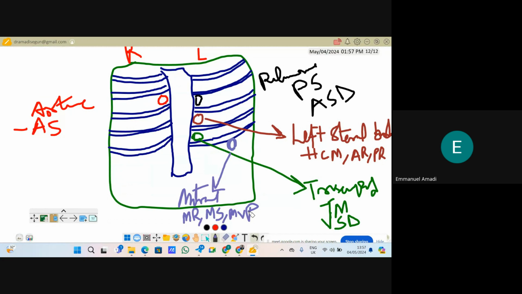Now, if this is settled, this is the first thing. Let us go and do the maneuvers. The maneuvers are the second concept you need. So we start with the valvular maneuvers. First, you need to know the location. When you have known the location, know the maneuvers. If you know the locations and the maneuvers, forget it, you have settled that concept completely.